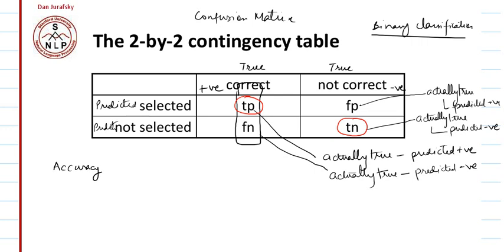Right, now the problem is with the false positive and the false negative. When we say false, it means that the system is showing that it is positive but it is not actually positive.